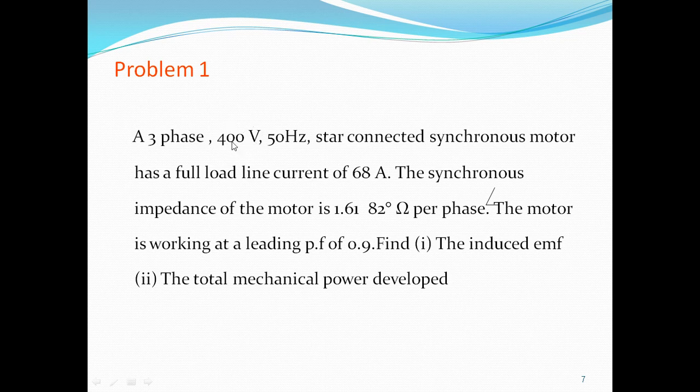Which voltage is this one? This one is a line voltage. VL is equal to 400 volts and it has a full load line current of 68 amps.